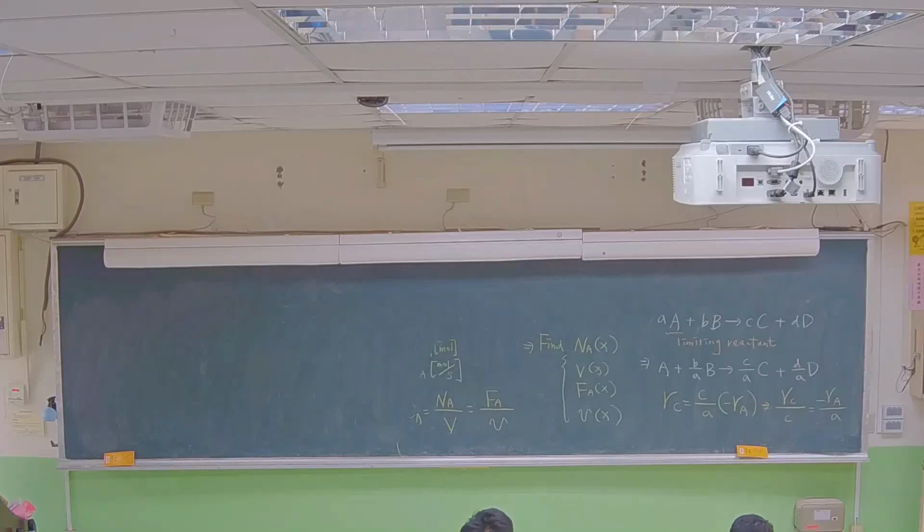Okay, so you can see the relationship between the rates can be expressed from the stoichiometry of the reaction. Therefore, for aA and bB becoming cC and dD, you can write down this relation.